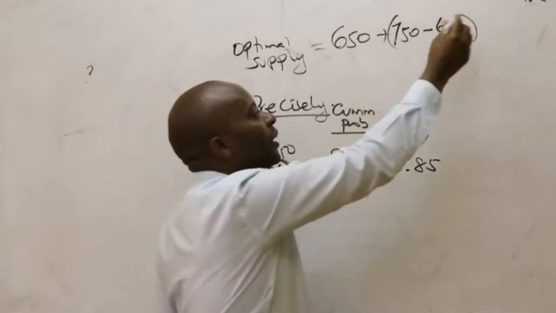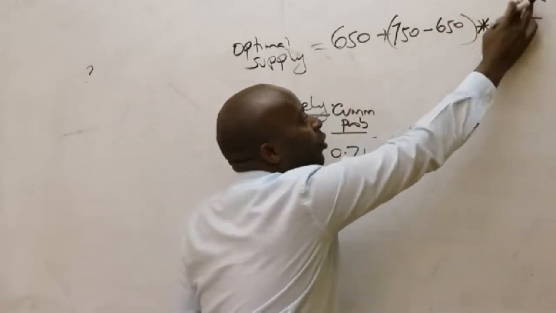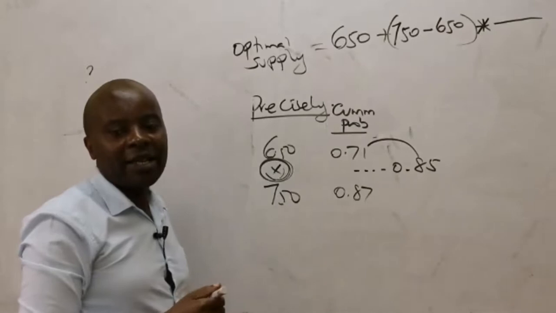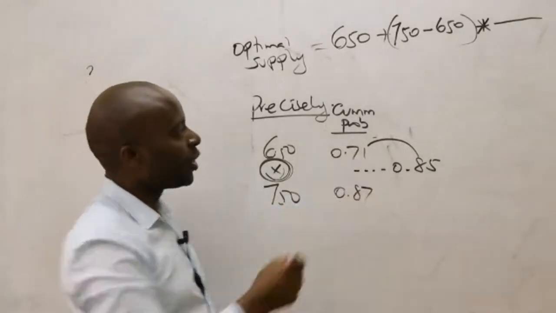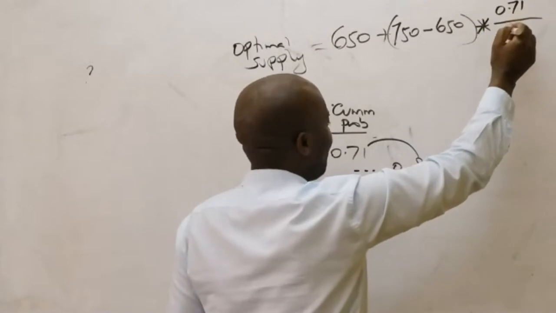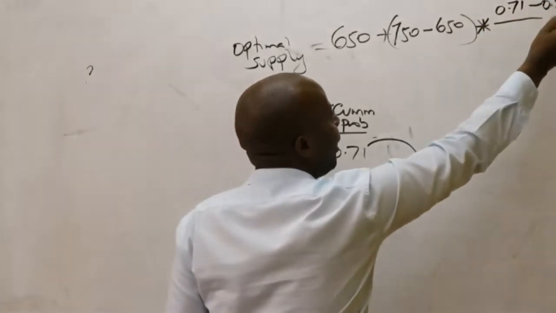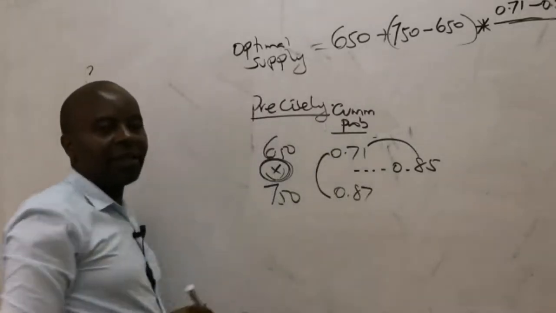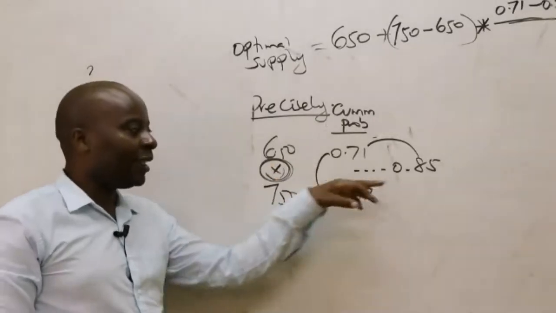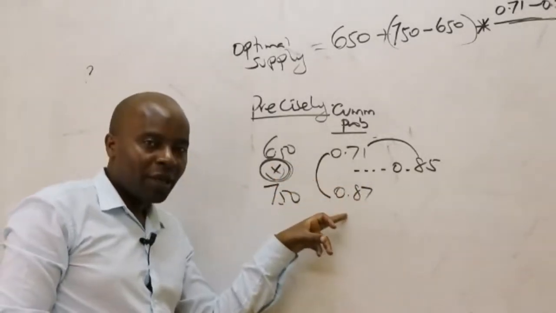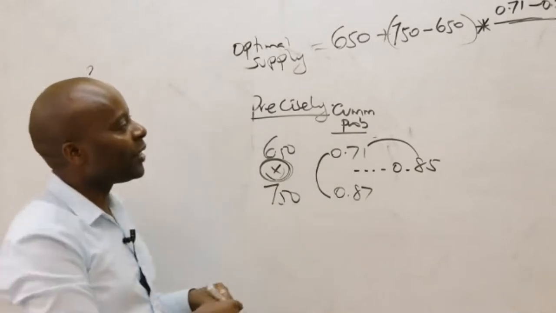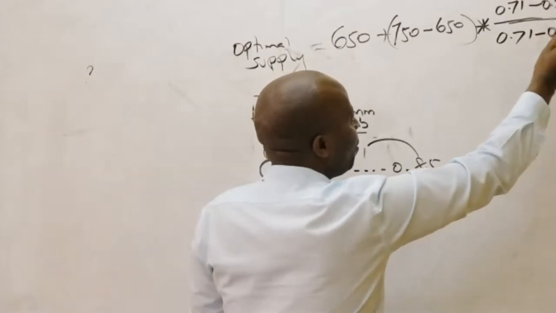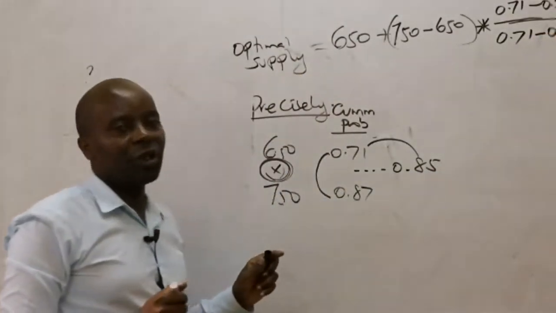We multiply this with the upper arc difference, which will be 0.71 minus 0.85, all over the base arc, which has the upper and the lower. The base is the total. That difference gives us 0.71 minus 0.87.